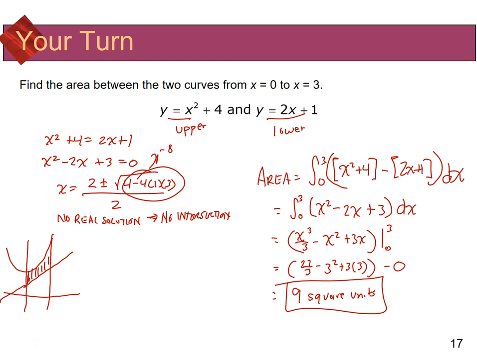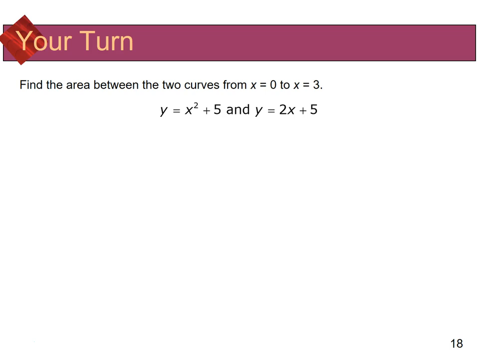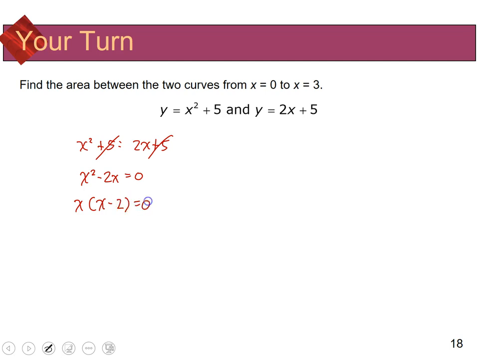Let's have you try another one. This one's a little different because in this one, if I set x squared plus 5 equal to 2x plus 5, well, the plus 5s would both cancel, leaving me with x squared minus 2x equaling 0, which I would factor as x times x minus 2 equaling 0.